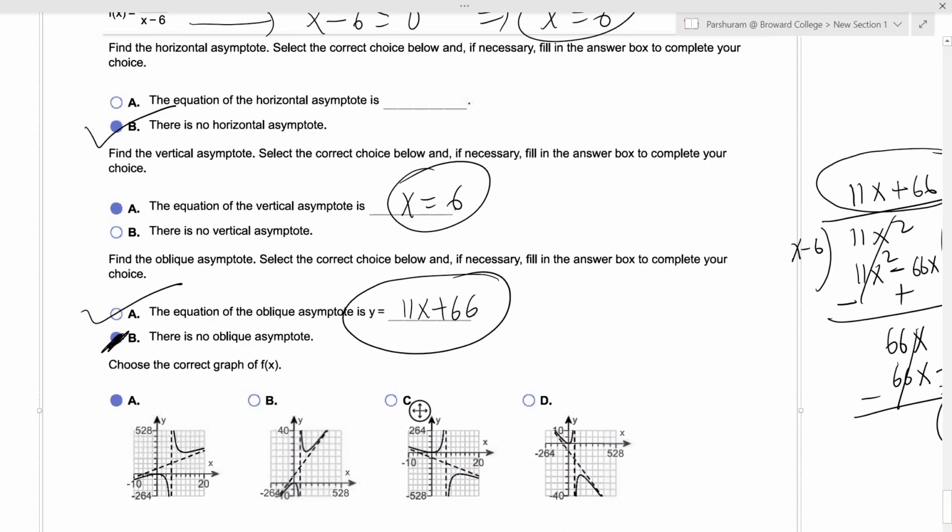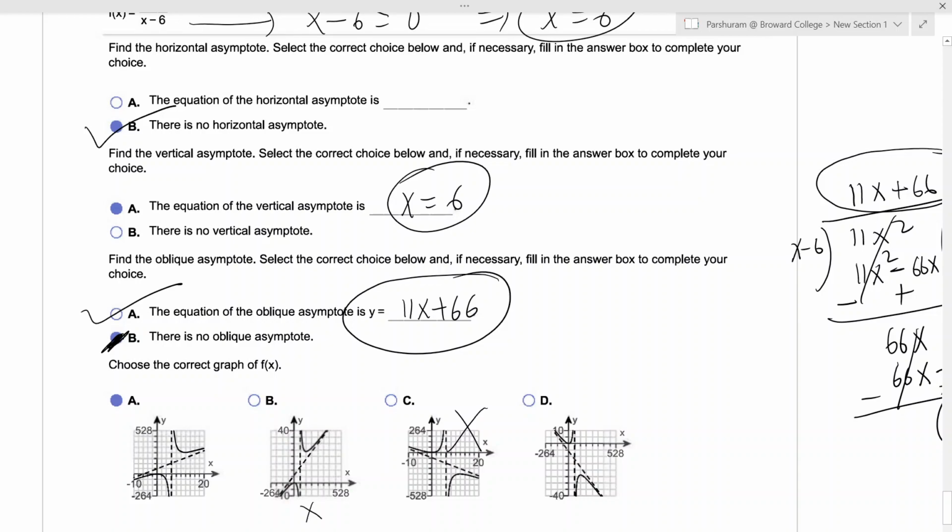But now we're going to use the vertical asymptote. The vertical asymptote is x equal to 6. So pick the x equal to 6 here. This is not x equal to 6. This one looks like x equal to 6, but we need the oblique asymptote 11x plus 66, and you don't see it here, so this is not right.